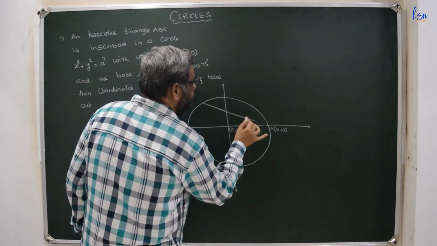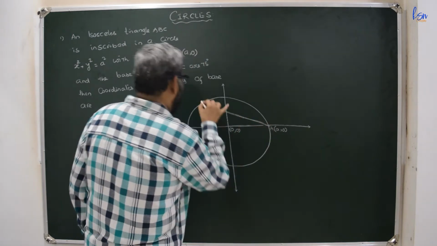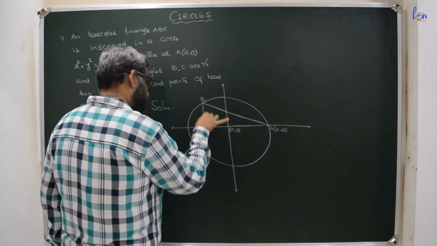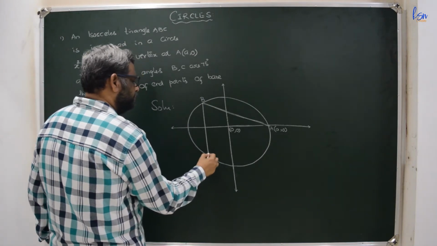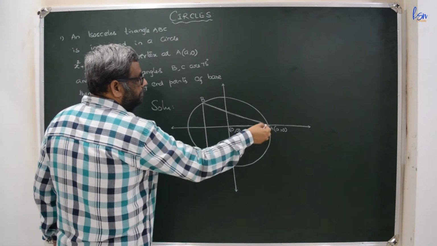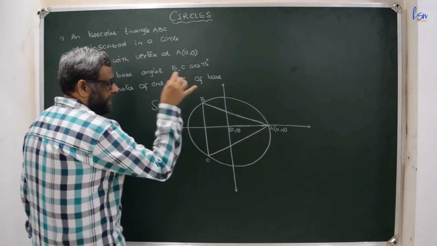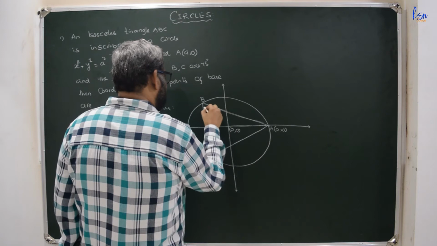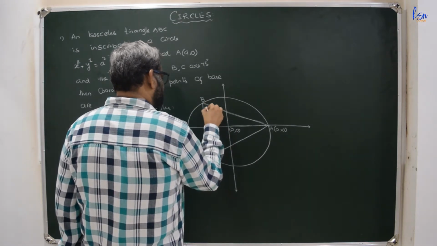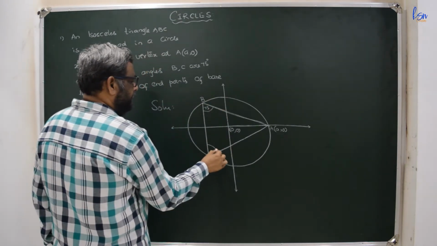This is A, AB and of course this is AC. Now here it is given that it is 75, it is also 75.